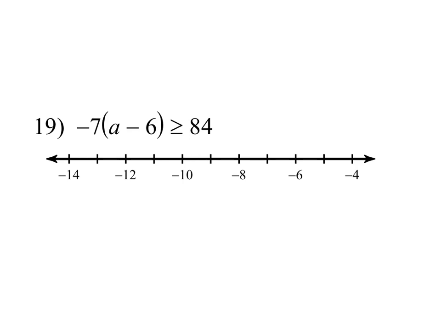What do we do first for 19? Distribute. So we have negative 7a plus 42 is greater than or equal to 84.